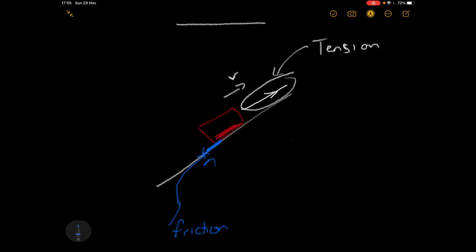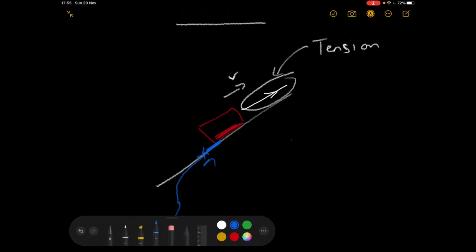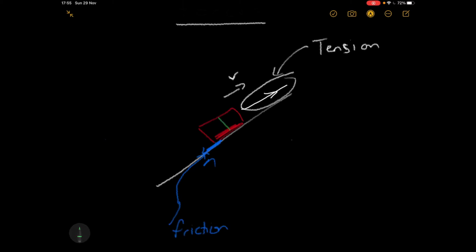We also have another force, green this time, which is what we will call the normal contact force. I'm often a bit lazy. I just call this the reaction force.